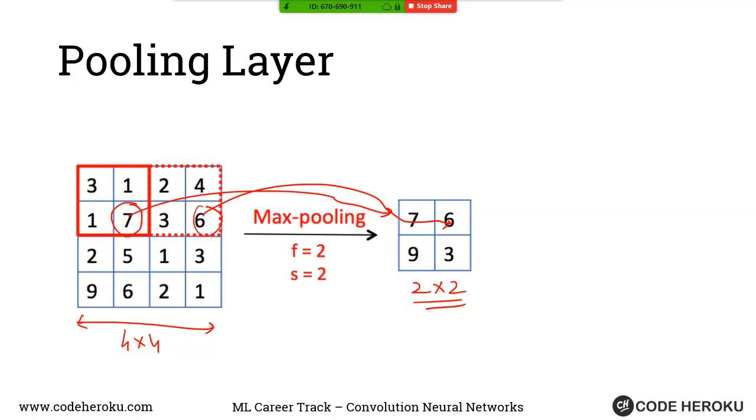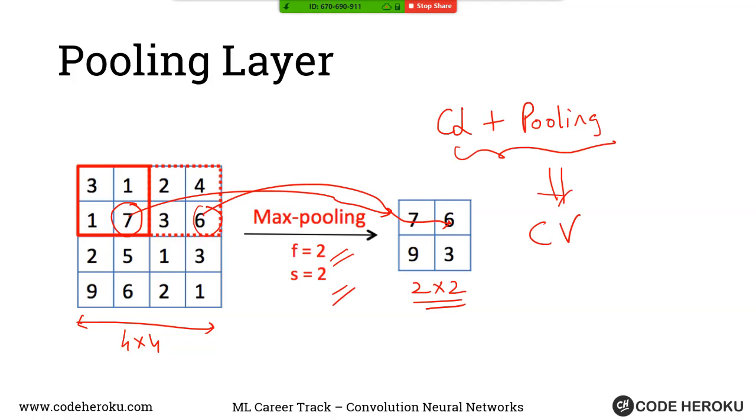All these are hyperparameters. We are not learning anything in the pooling layer. So sometimes people call the convolution layer plus the pooling layer one entire layer of convolution, because there are no parameters to learn in the pooling layer itself.